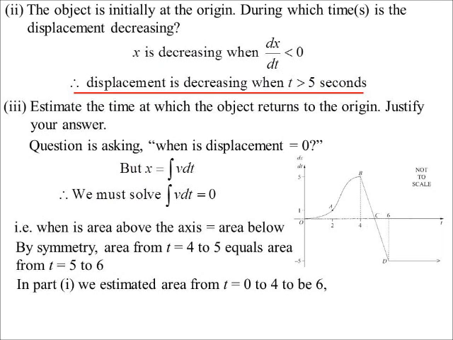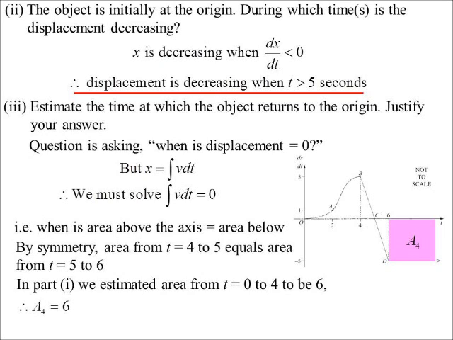In part 1, we estimated the area from 0 to 4 to be 6. So what we now want to work out is when this rectangle is going to be equal to 6. There's a rectangle there, and at some point the area of that rectangle will equal 6.